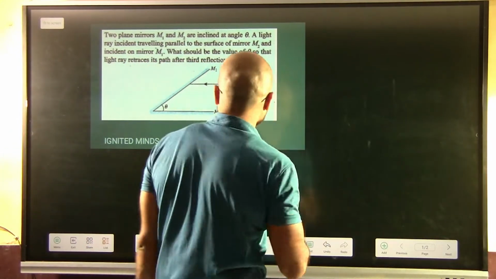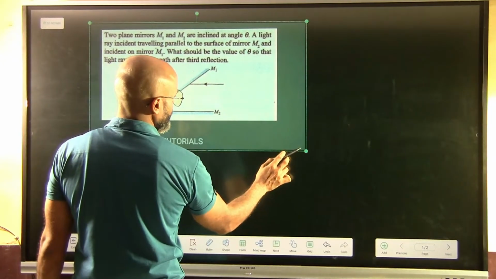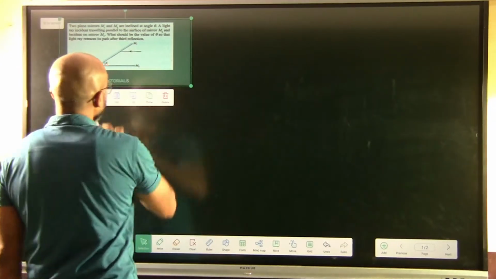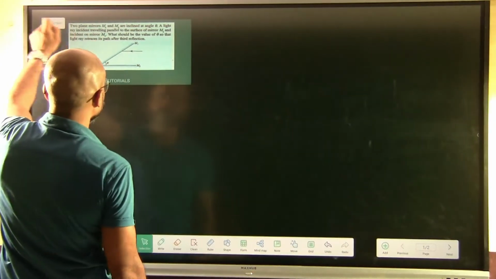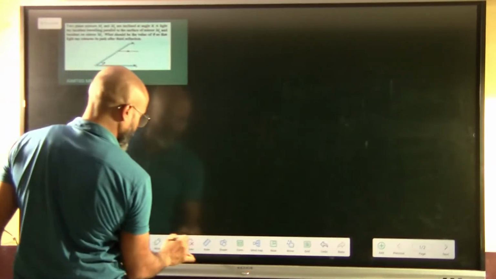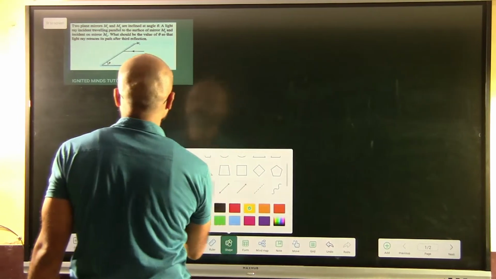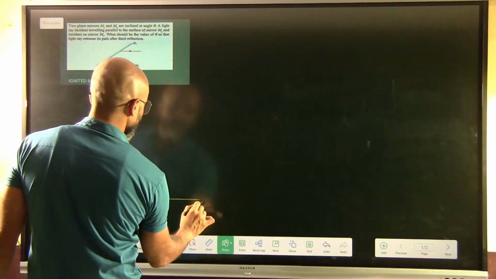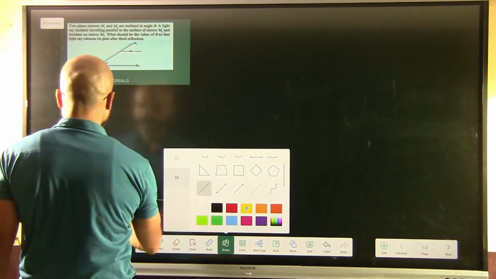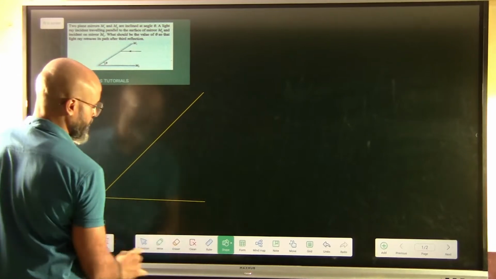Since we have understood this problem, let's downsize it here. We have to find the angle theta so that the light ray retraces its path. Let's quickly draw a rough figure. This is mirror M1 and this is mirror M2.